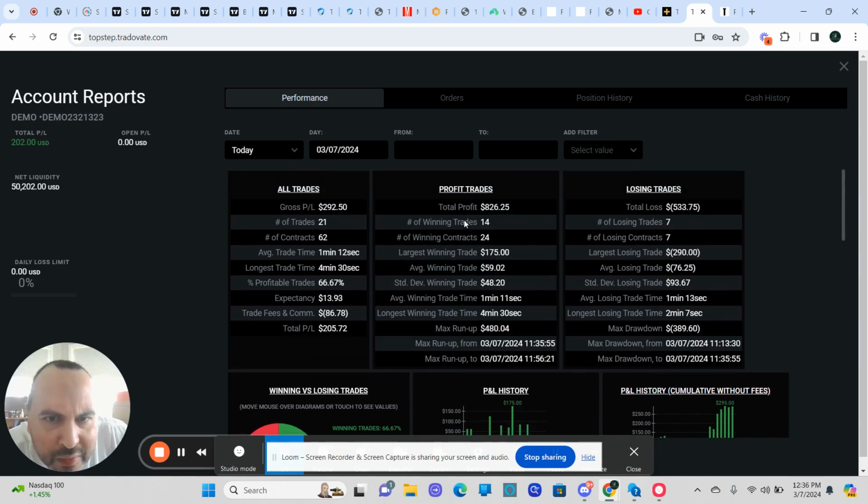Let's see. Total profits, number of winning trades 14, number of losing trades 7, largest winning trade, largest losing trade. So yeah, my profits would be a lot higher, except I hit on this trade. I meant to hit the sell button. I hit the buy button again.